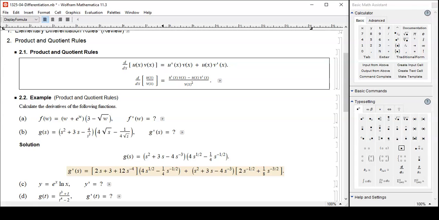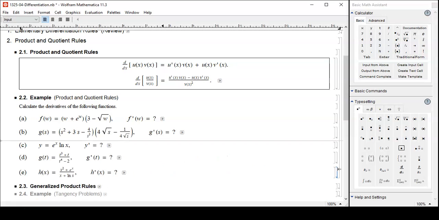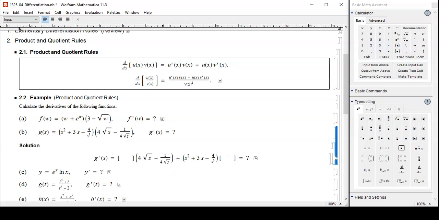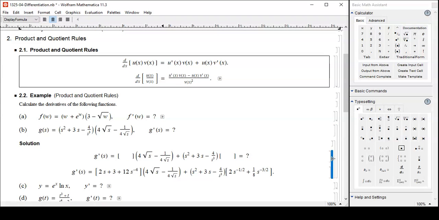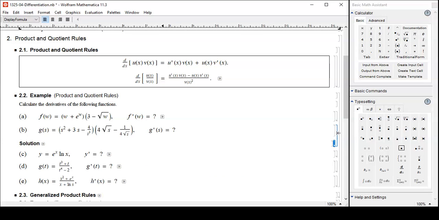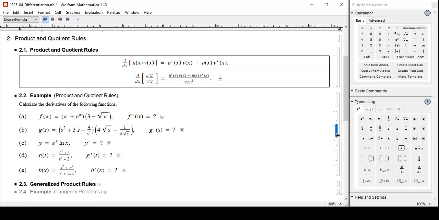Did I make any mistake? Well, there's one way to check. Alright, here's the structure. And what goes into those brackets? Yeah, like this. Okay, the third one is left to the students.